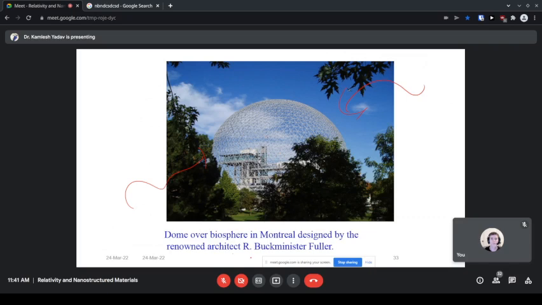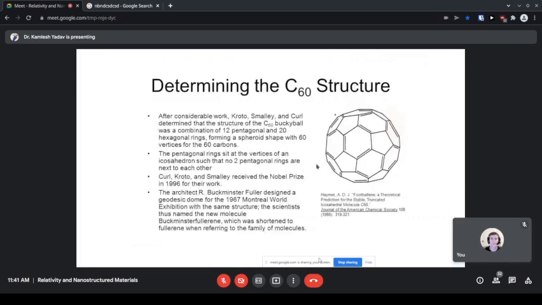This dome was made by the architect Buckminster Fuller, and using this concept, they discovered that these carbon atoms must combine in a ball-like structure with 12 pentagons and 20 hexagons so that it becomes a stable structure. For this they were awarded the Nobel Prize for the discovery of fullerene.